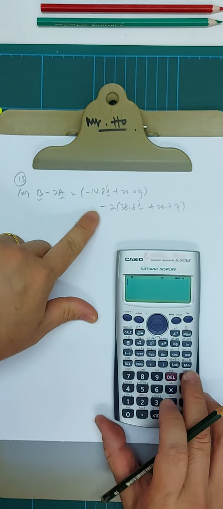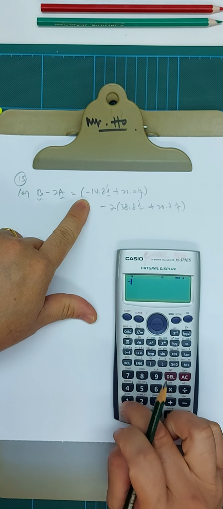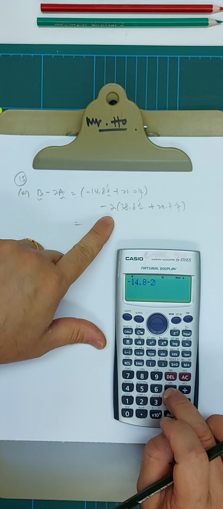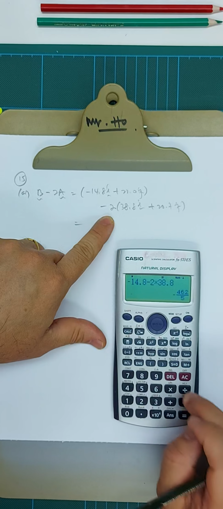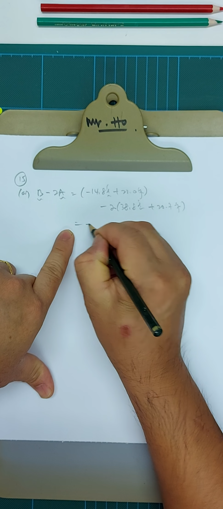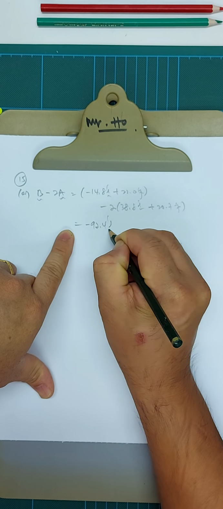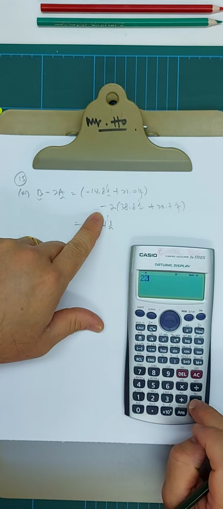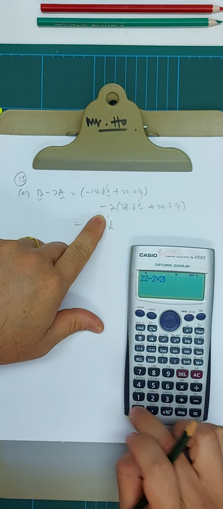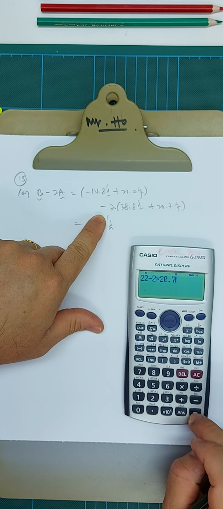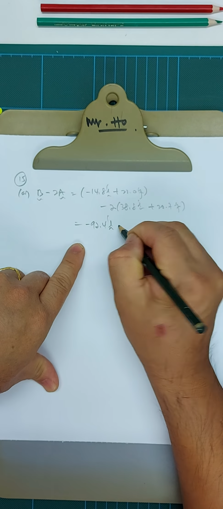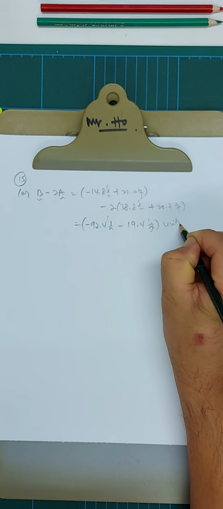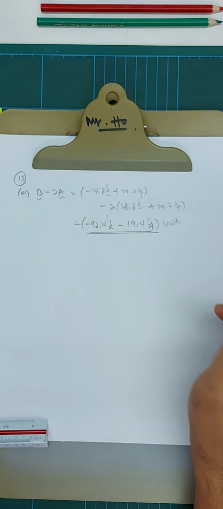So here we have negative 14.8, and then minus 2 multiplied by 38.8. So we have negative 92.4i. And the next one is 22 minus 2 times 20.7. We have negative 19.4j units. That's the first one.